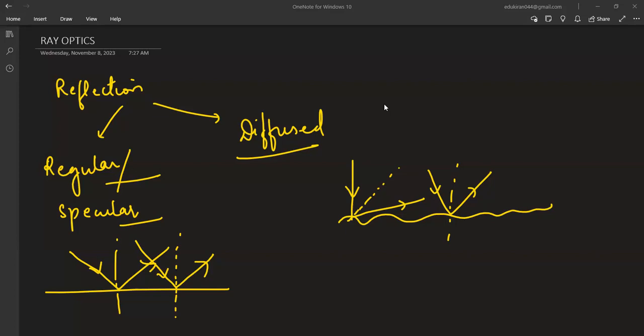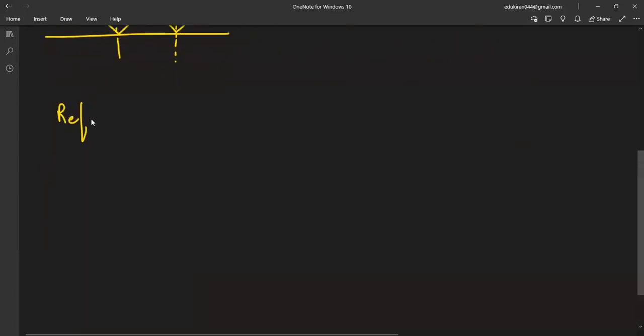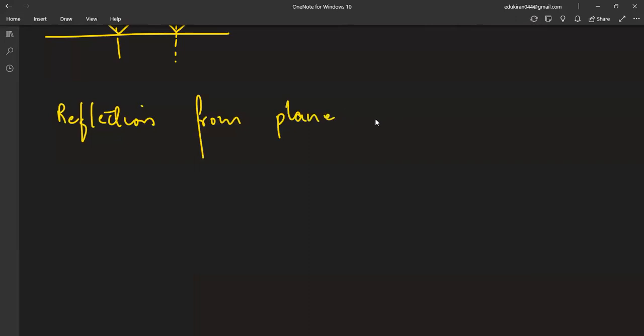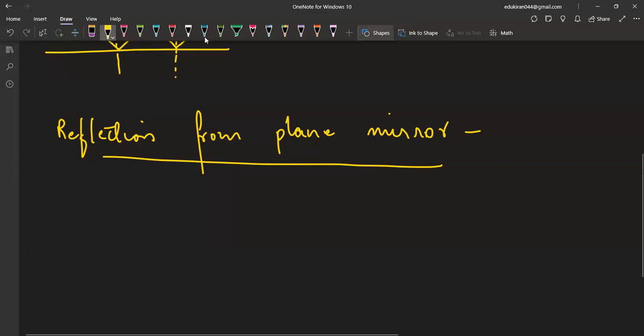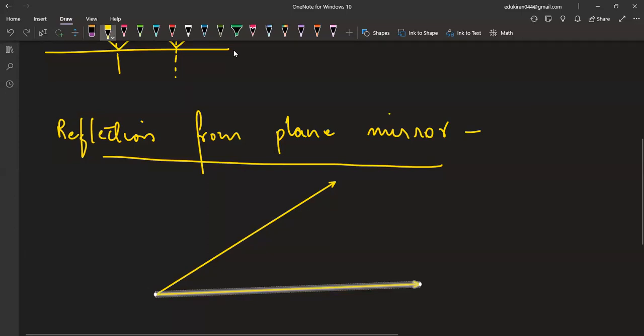Let me start with reflection from plane mirror. All right.